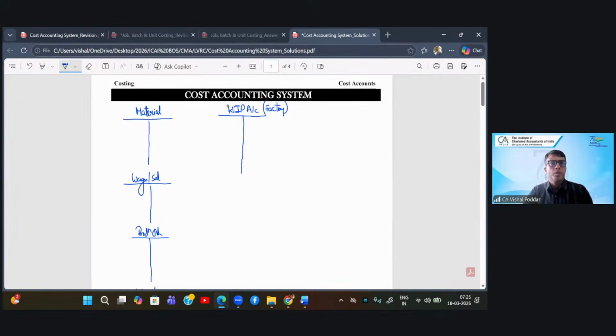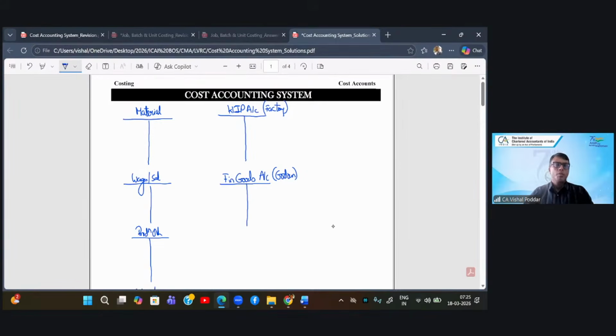Now, once the raw material is converted into final product, your product is ready, production is complete. The product goes to the second account, which is the finished goods account, which you can just keep in mind as your godown. So just visualize that your products are now completed in the factory, the manufacturing process is complete, hence the products are now in your godown. So WIP, then finished goods. Now, once these products will be sold, they are sold to whom?